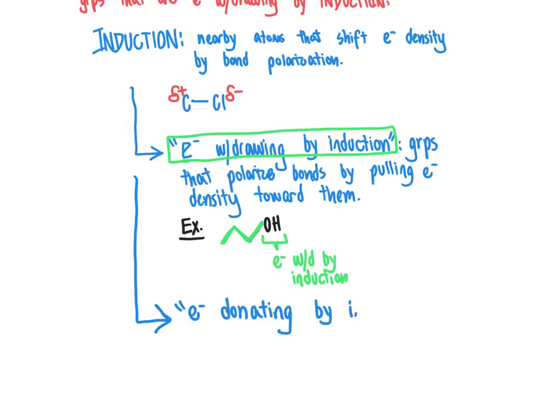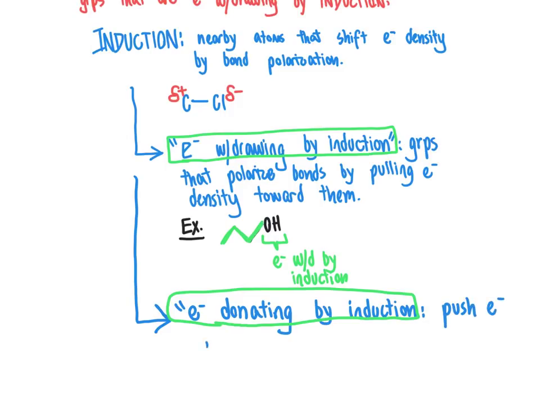So groups that are electron donating by induction are defined as groups that polarize bonds by pushing electron density away from themselves.